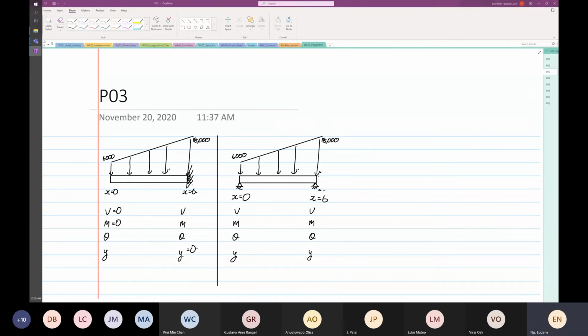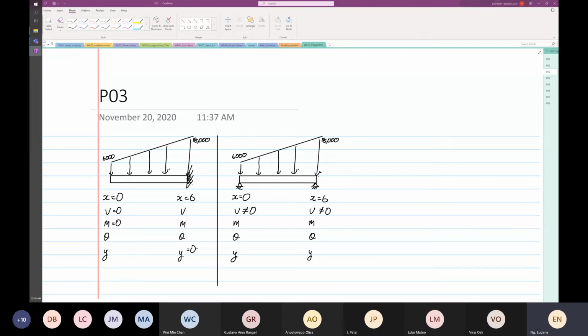So the simply supported beam is different from the cantilever beam in terms of boundary condition. Over here, where it's simply supported, the one on your right, V is no more equal to 0, because there are reaction forces already.